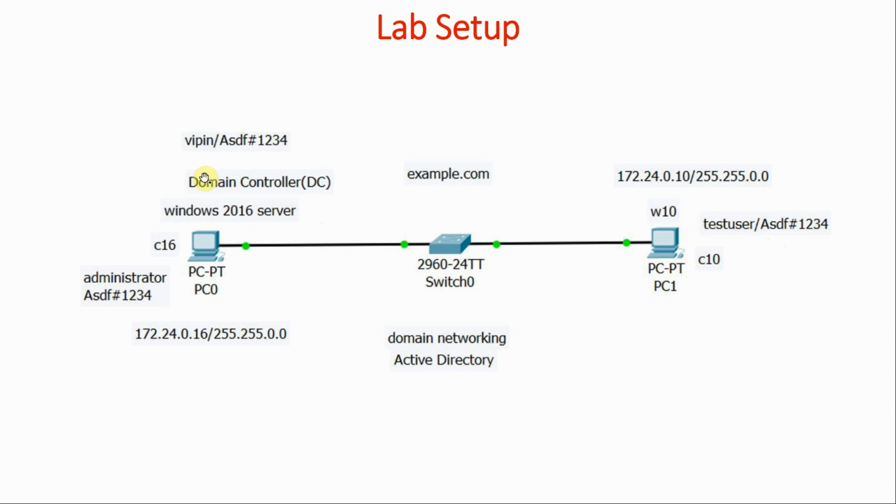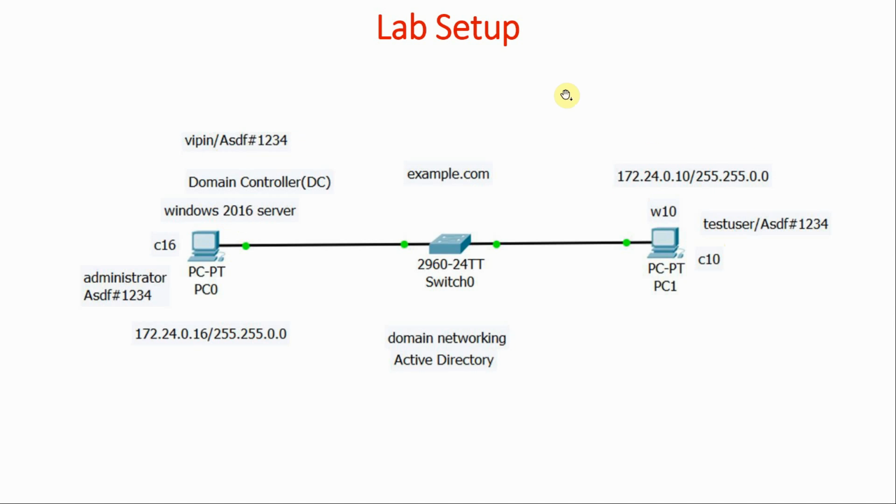Now suppose I am going to create one VPN user here with the username VPN and the password this. Now if it is workgroup networking, then I can only log in from Windows 2016 server. I will not be able to log in from the Windows 10 system. I have to create the username and password here also, then only I can log in as a VPN user.